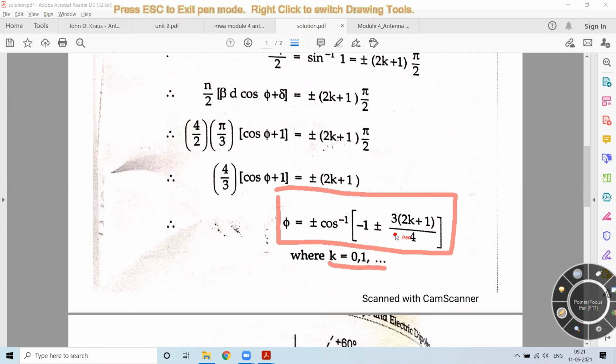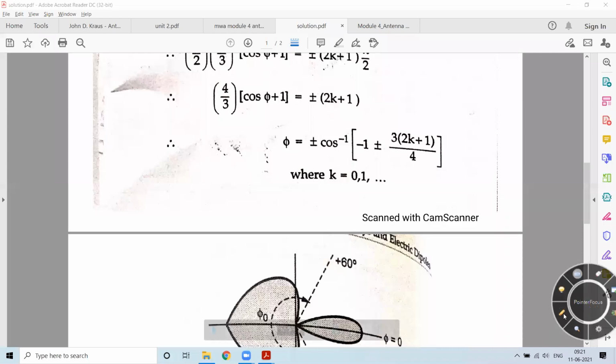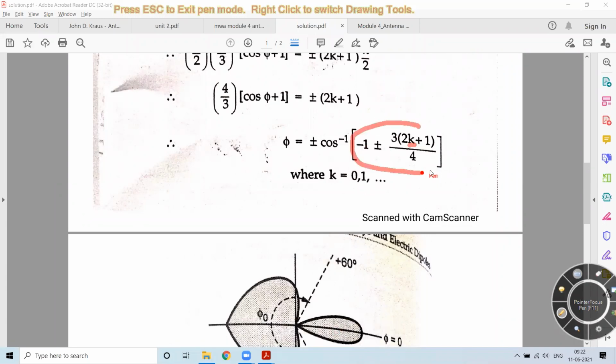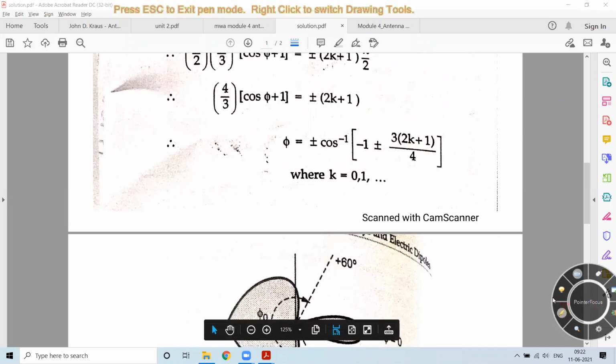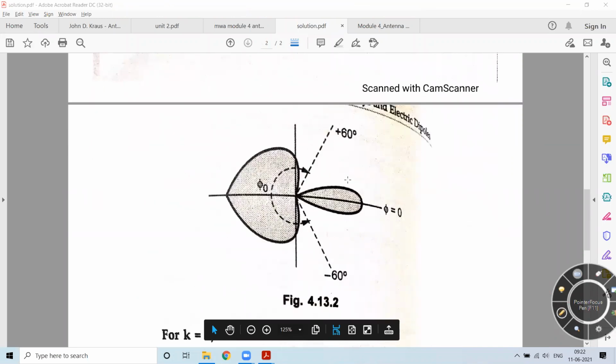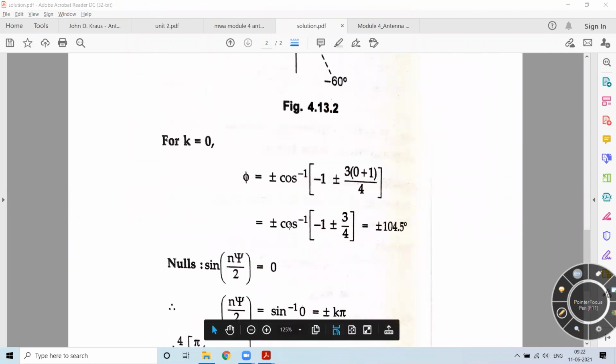No need to worry about that. You substitute the value of k and see what parameter you are getting. If you are getting it less than minus 1 or more than 1, you discard those conditions. For whatever values you are able to obtain the angles, you obtain them. So you substitute different values of k.